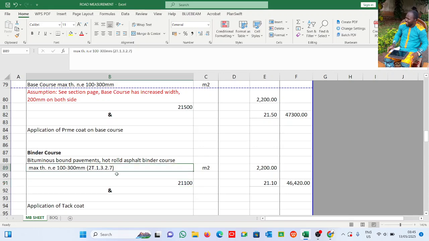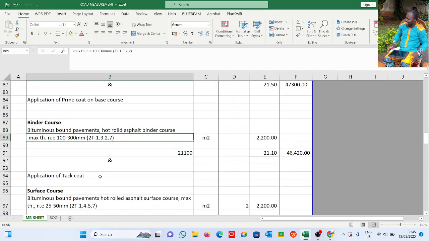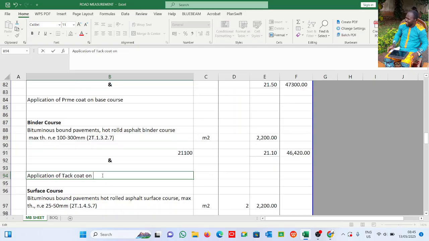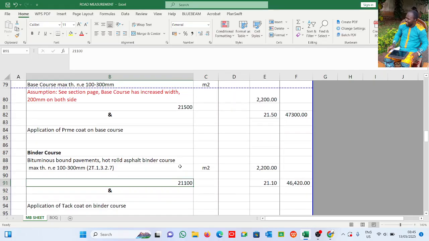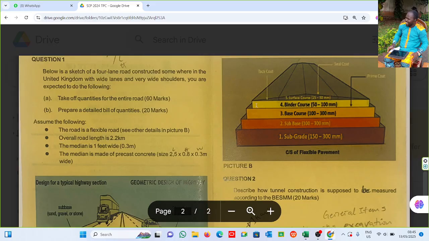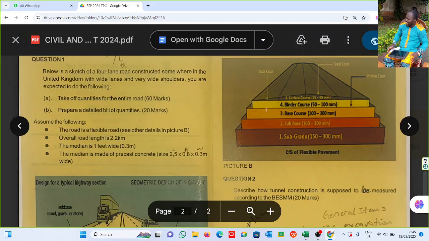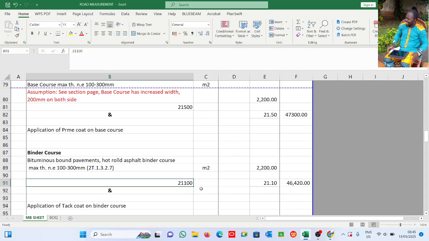Now this is the BSMM code, and application of tack coat on binder course, right? This is it. The binder course is the exact. If you come here, this is the binder course, right? So that's why you have 21.1.